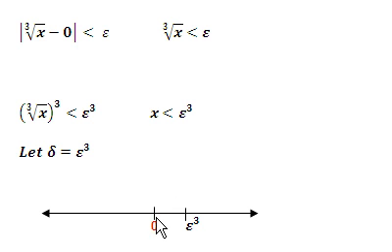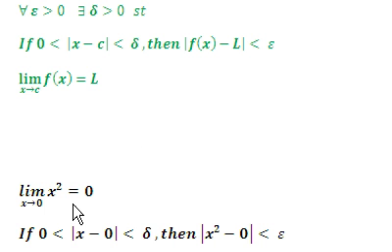Our delta is going to end up being this difference right here, this distance, which happens to be epsilon cubed. So that's all you have to do really to find your delta. We work backwards, and this is what our delta happens to be right there, and we can stop. So there it is.